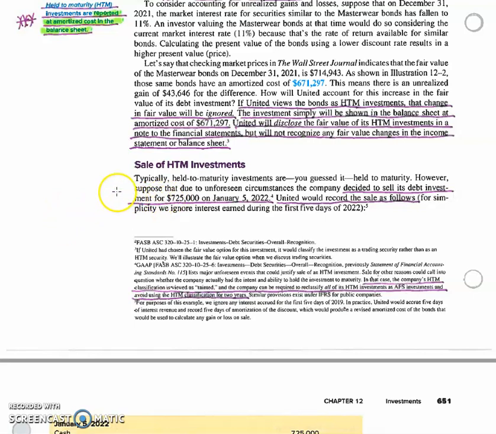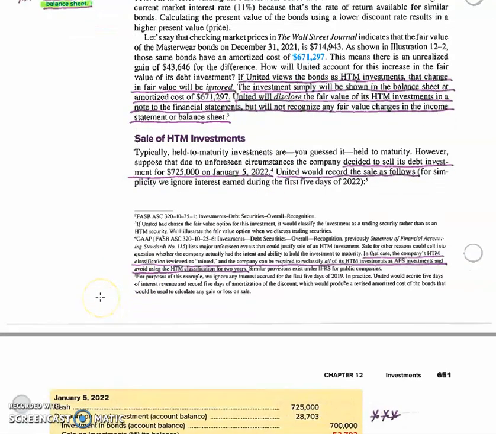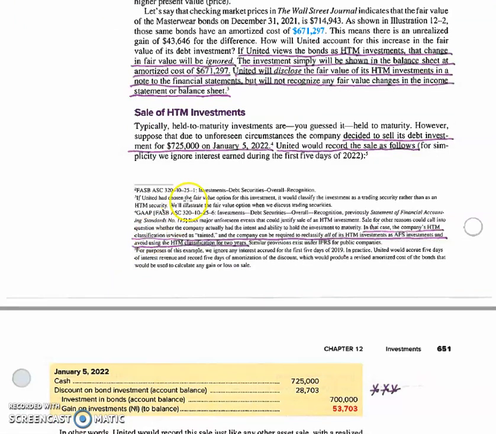Now, if we sell held to maturity investments before they mature, then at the time we sell it, we recognize any gain or loss on the income statement. Now, this footnote 4 down here is something really pretty important. I don't know if you can see that very well, but in cases where you actually sell held to maturity investments instead of holding them till maturity, that can cause some effects on your balance sheet.